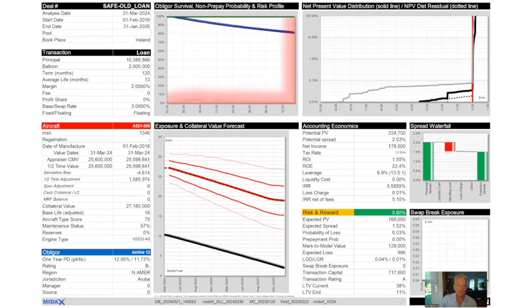But we have already a loan with this borrower, which is the safe old loan, which was done a long time ago. This was done in 2016, and we have been largely repaid. And the outstanding now in this particular loan, this for A321-200, is only $10 million, and the current market value is around $26-27 million.